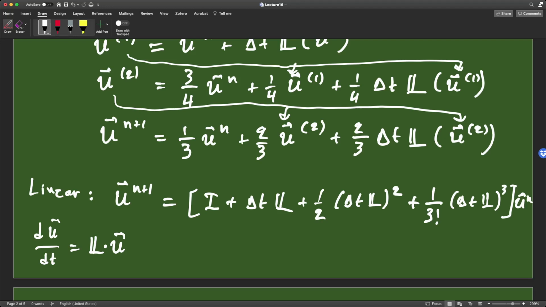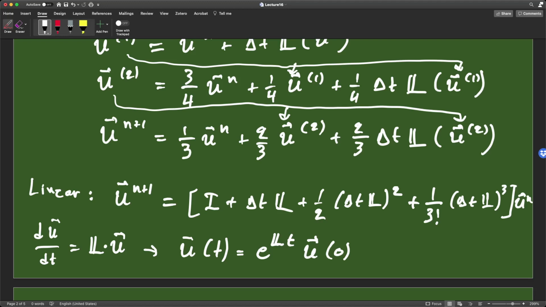For this linear equation, the solution is known. U of t is e to the L t times the initial vector at time 0.